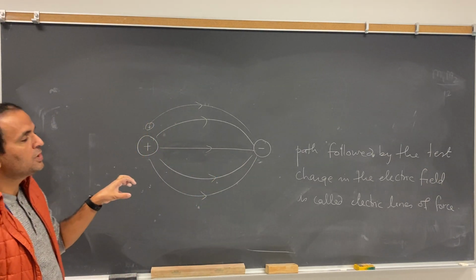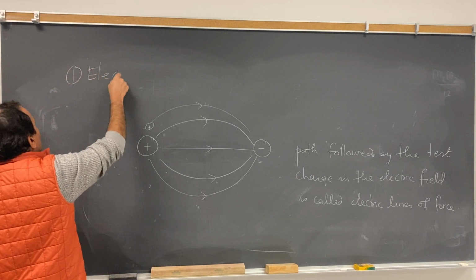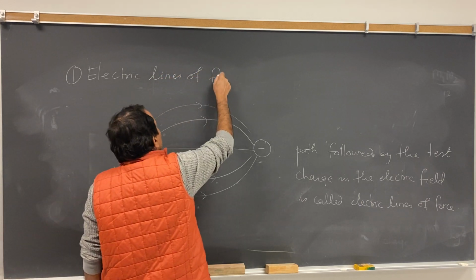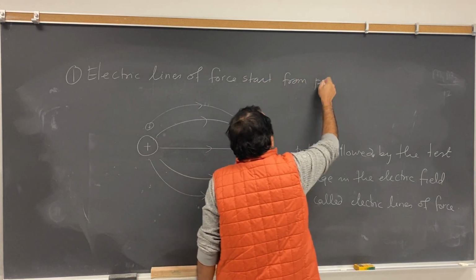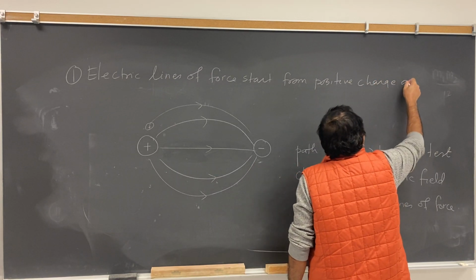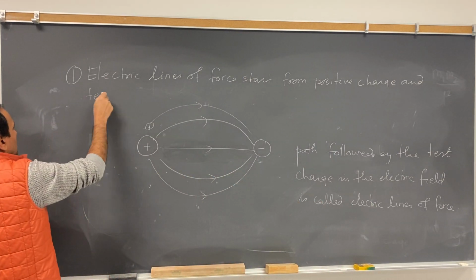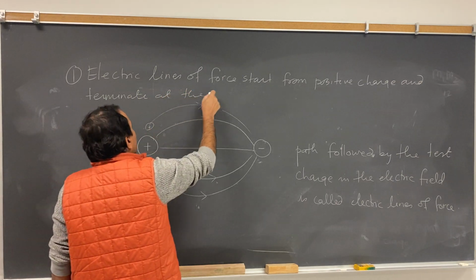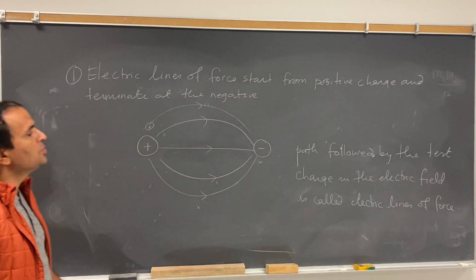So what are the properties of electric lines of force? You can say that electric lines of force start from the positive charge and terminate at the negative charge.